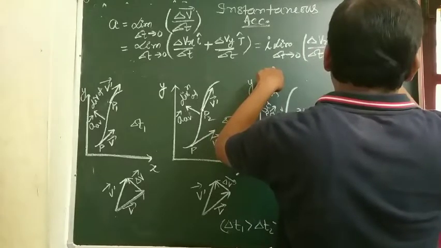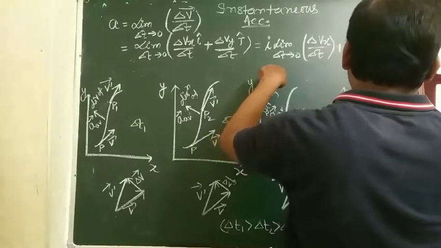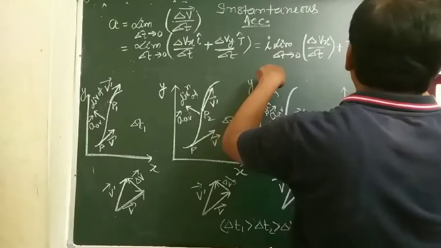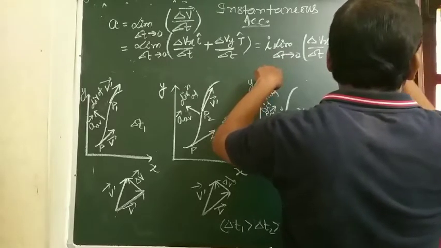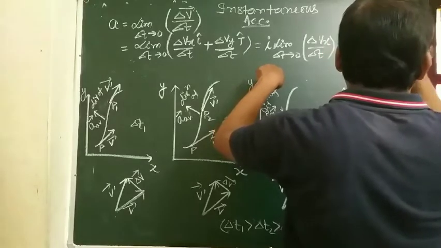plus j cap limit delta t tends to 0 of delta vy by delta t.